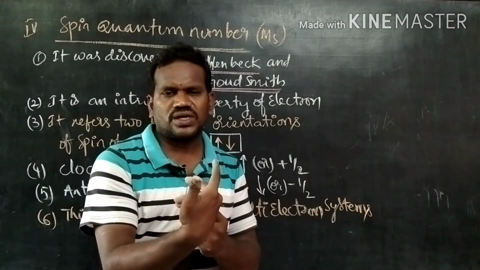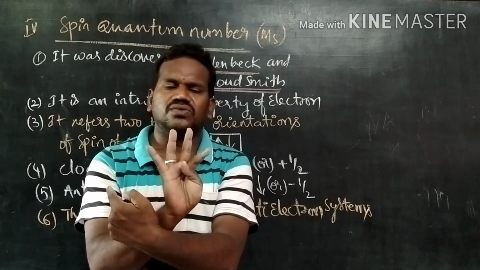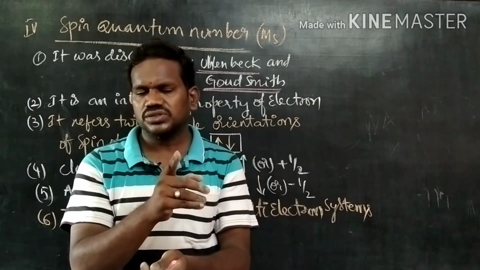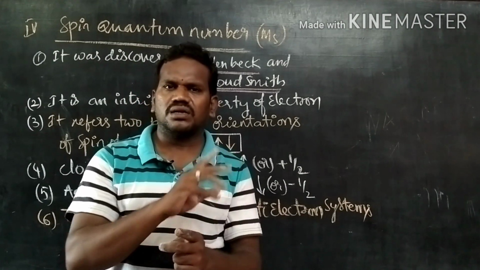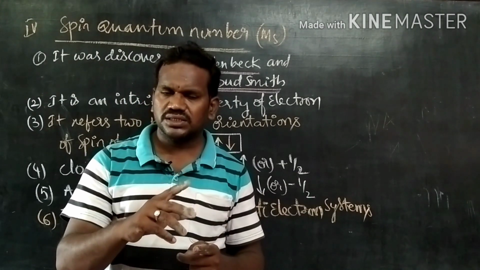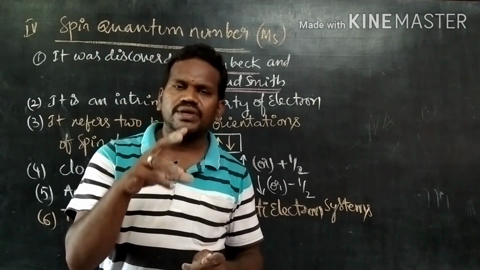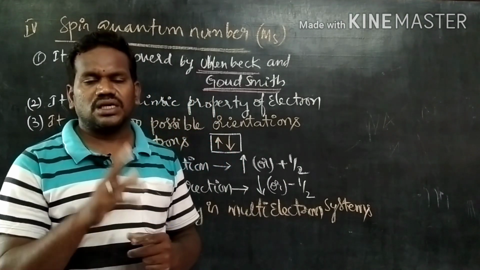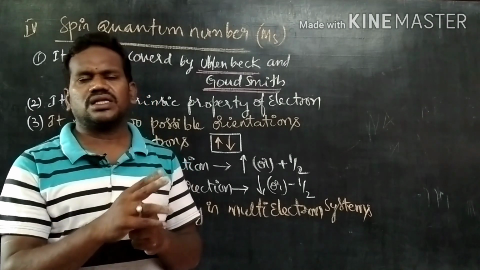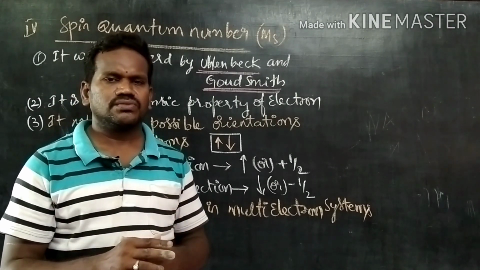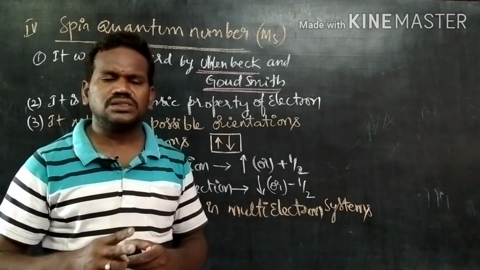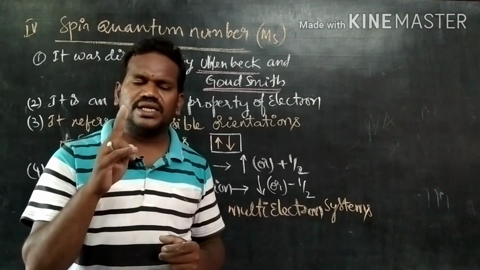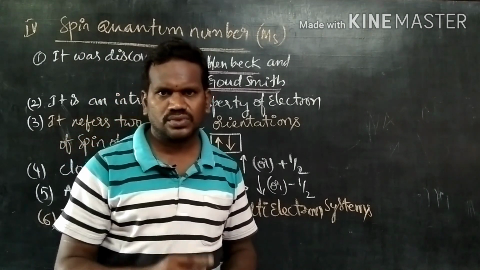Of course, the electrons are present in the orbitals. Now the question is, how many electrons are accommodated in an orbital? The number of electrons accommodated in an orbital is only 2.